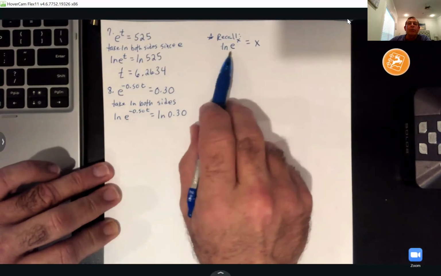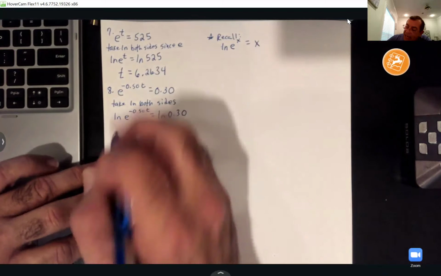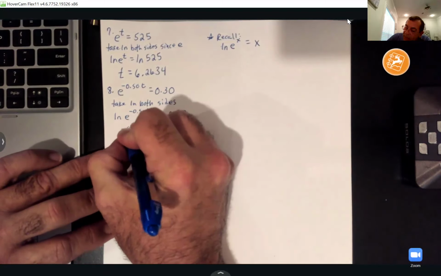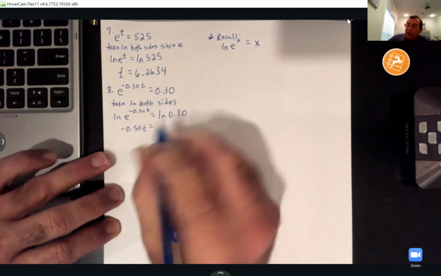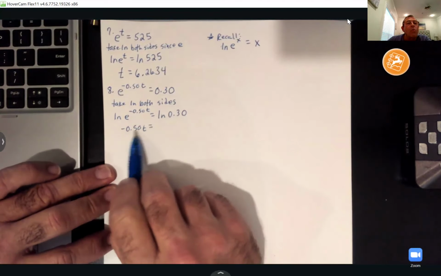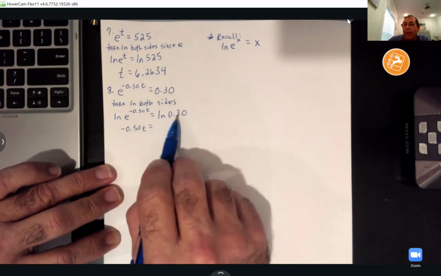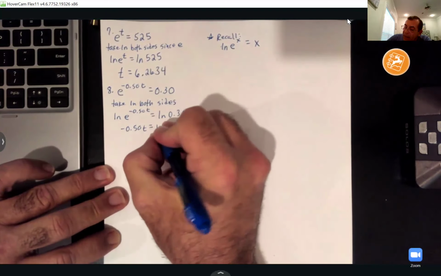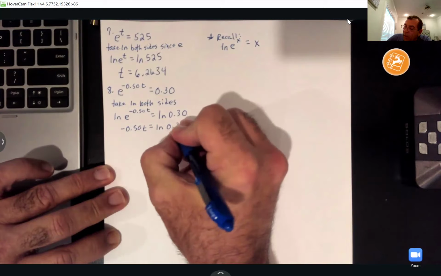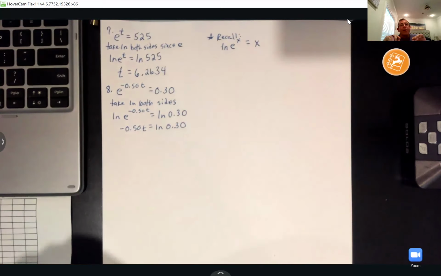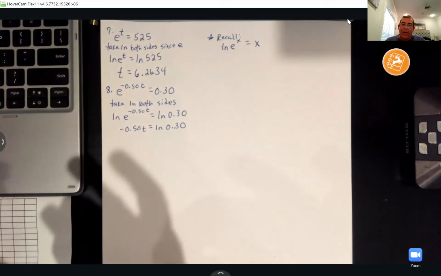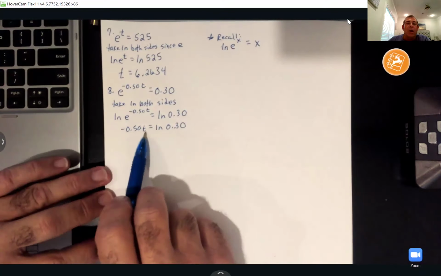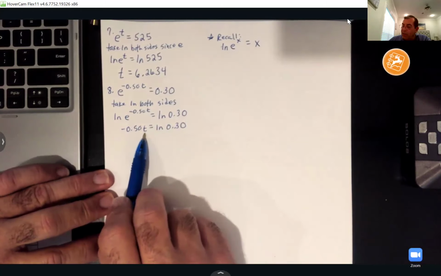All right, so I'm using that again so that this left side is going to equal negative 0.50t. Now, since I got more work to do, I'm not going to evaluate that yet. I'm going to leave that at ln 0.30. You always want to do the lns on your last step for your accuracy, okay? Because now I got to do something to get this t to be a 1t.